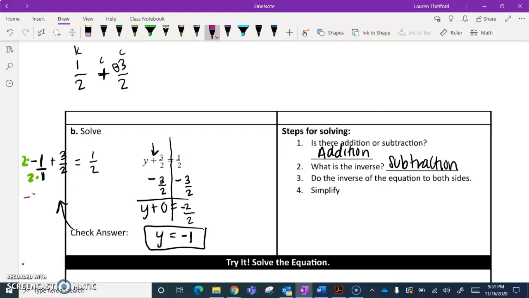Now I have -2 over 2 plus 3 over 2. These are different signs, so we subtract. 3 minus 2 is 1, and we keep our denominator. So these are equal, so we know we got our answer right. y does equal -1. So my answer is -1.